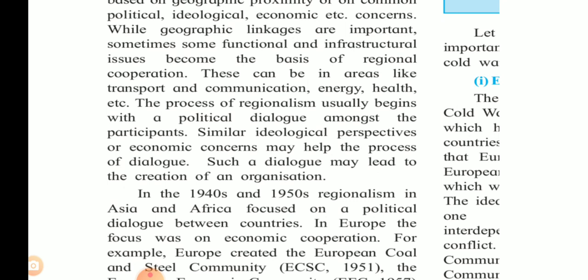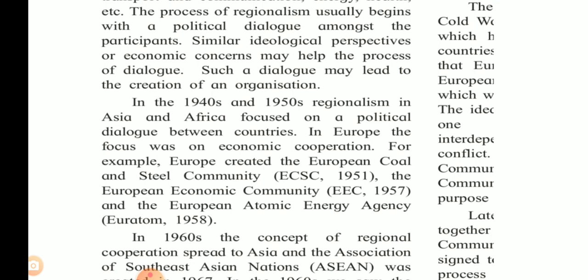Now write the next paragraph. In the 1940s and 1950s, regionalism in Asia and Africa focused on a political dialogue between countries.